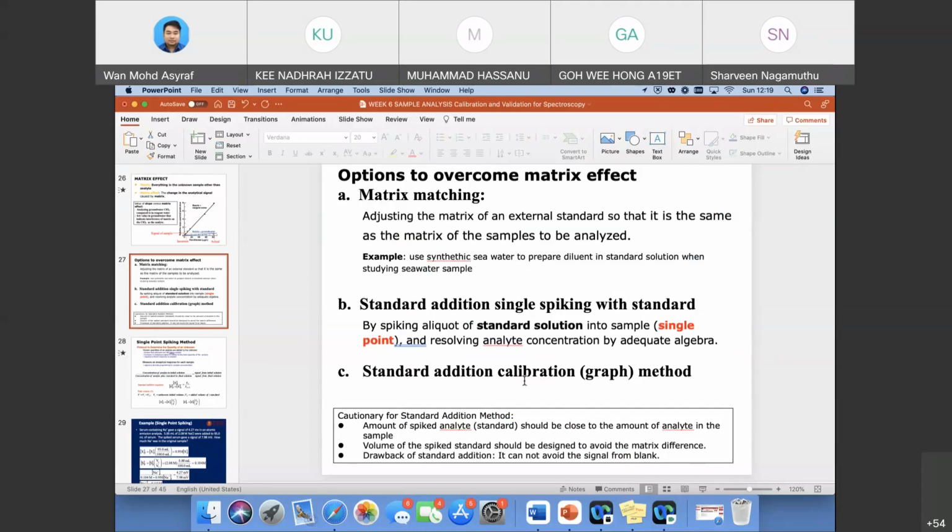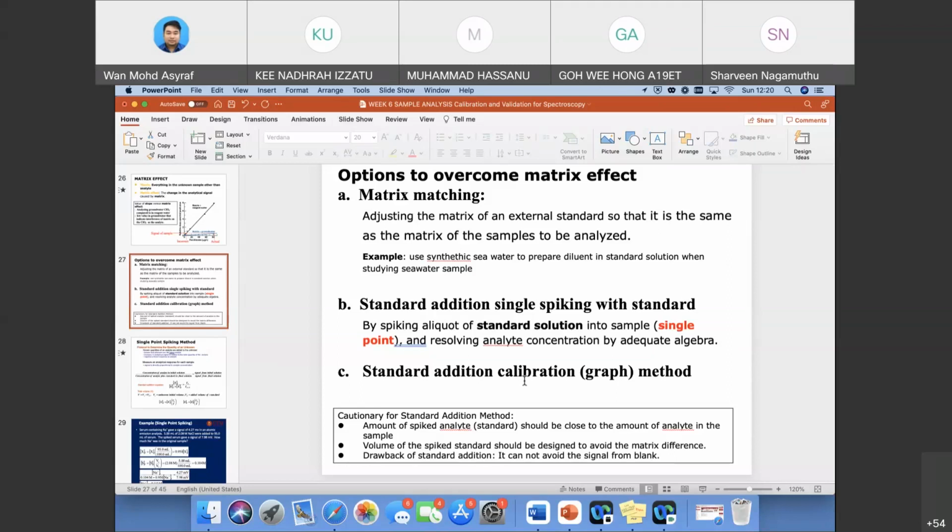For example, use synthetic seawater to prepare the diluent in the standard solution when studying a seawater sample. You use synthetic seawater to prepare your external calibration curve, and your sample comes from seawater. So the matrix matches, and that's what we call matrix matching. When you have matrix matching, you can straight away use your external standard calibration because we have factored your matrix into your external calibration curve. That's the first one.